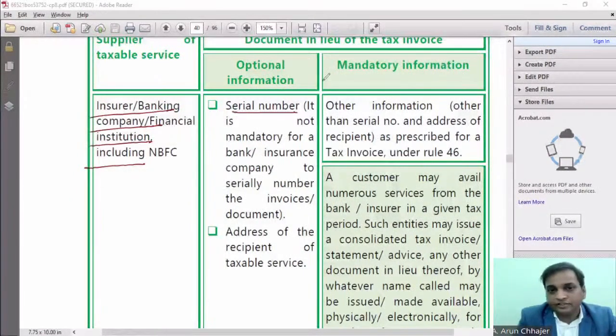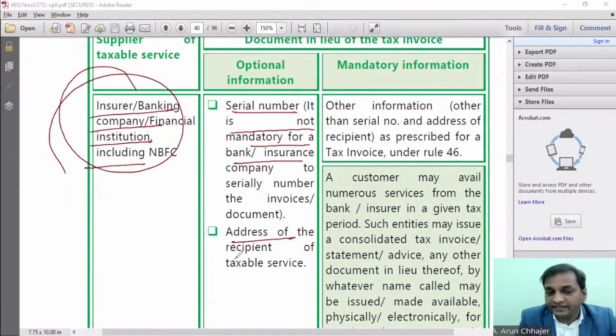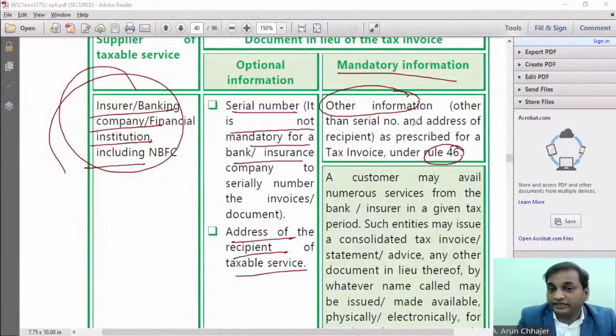Serial number is optional. It is not mandatory for these organizations, and the address of the customer is also not mandatory. What is mandatory? All other information discussed in Rule 46, other than serial number and address, is mandatory and needs to be reported.